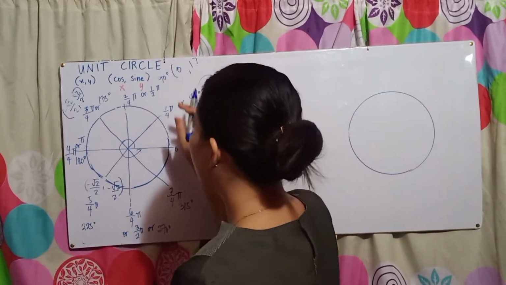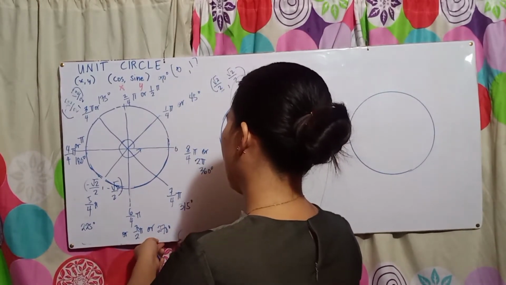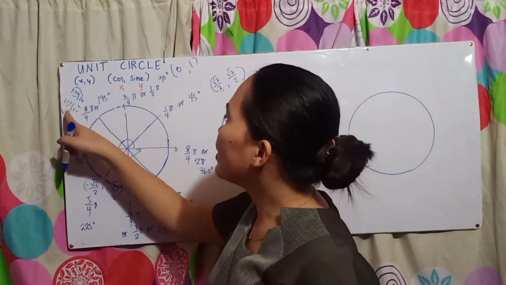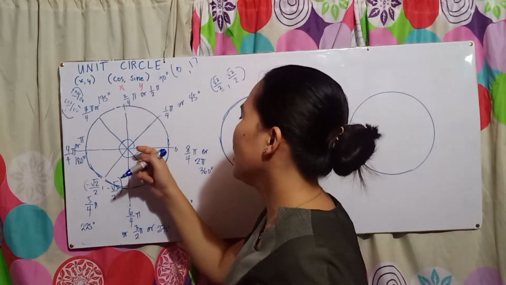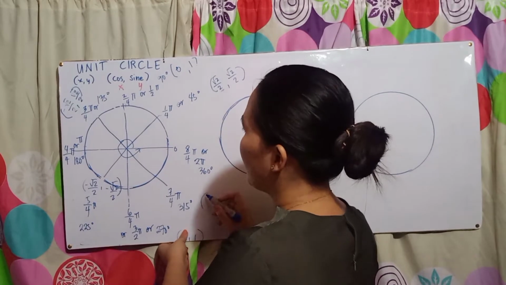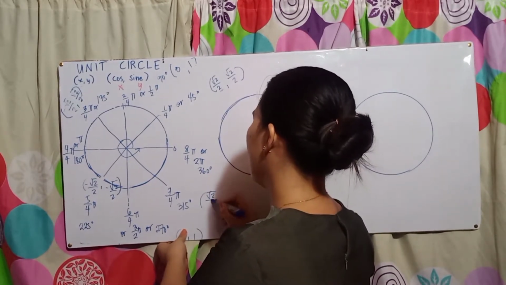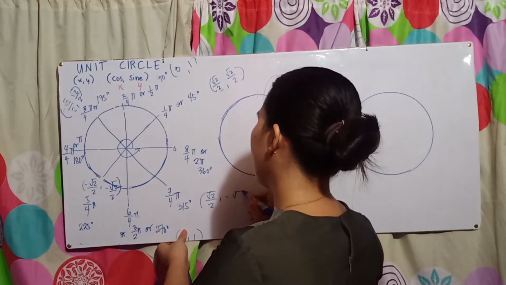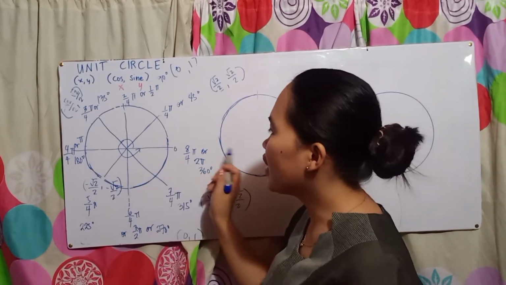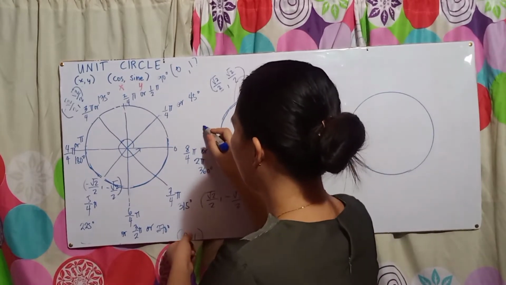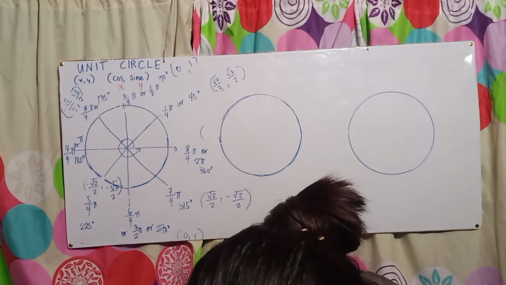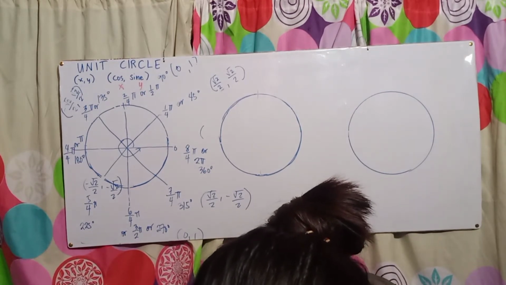Here 0 and 1, the same as before. Then here, positive square root of 2 over 2, then negative square root of 2 over 2. Then here, cos 0 and sin 0. Cos 0 is 1, sin 0 is 1.